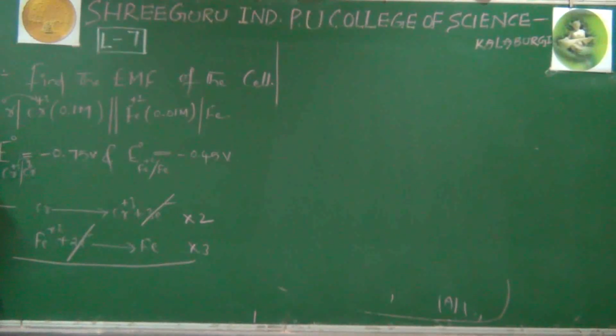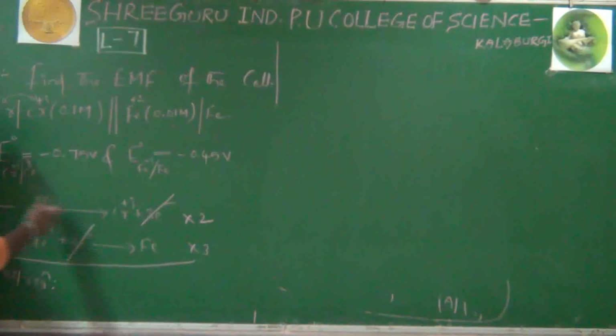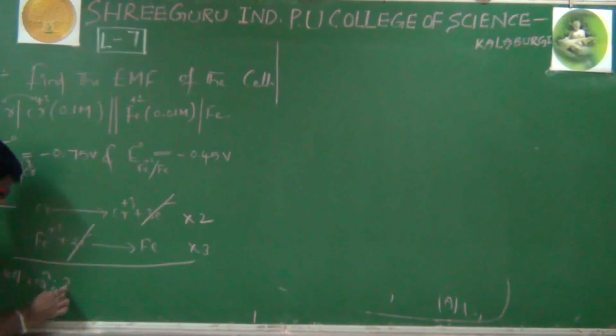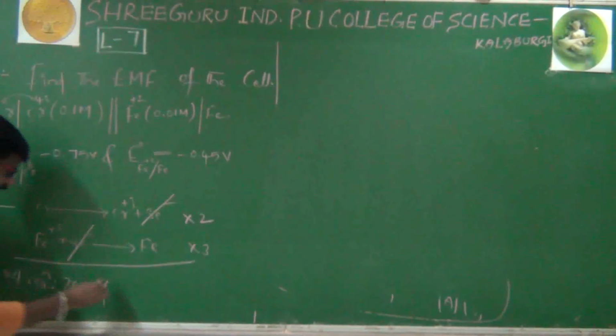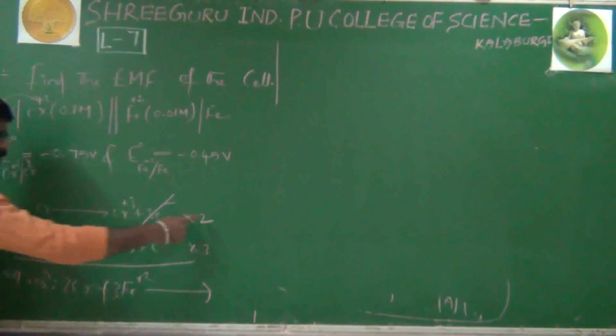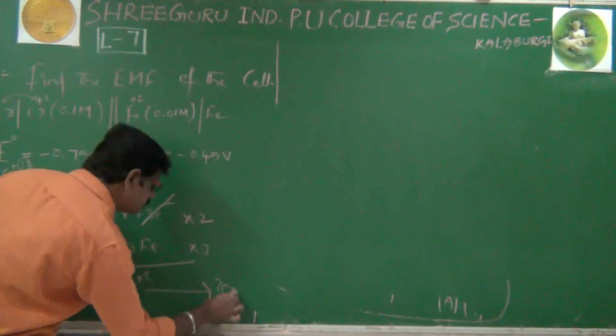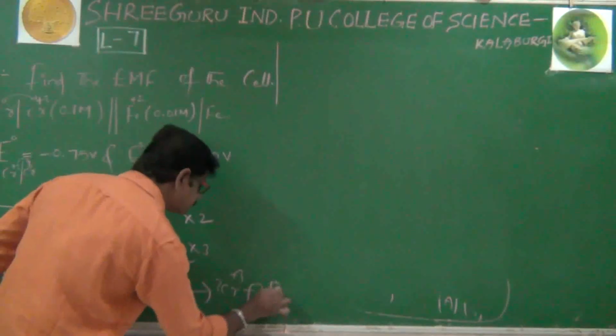Now we have to write net cell reaction. It is also called overall cell reaction. While writing overall cell reaction, this 2 we have to multiply with both reactants as well as products. That's why 2 into Cr, that is 2 Cr plus, both reactants we will write at one place, 3 into Fe plus 2, 3 Fe plus 2 gives 2 into Cr plus 3, 2 Cr plus 3 plus 3 into Fe.